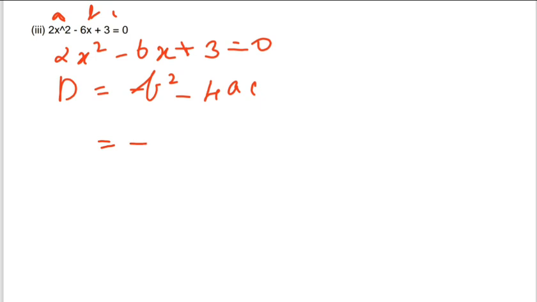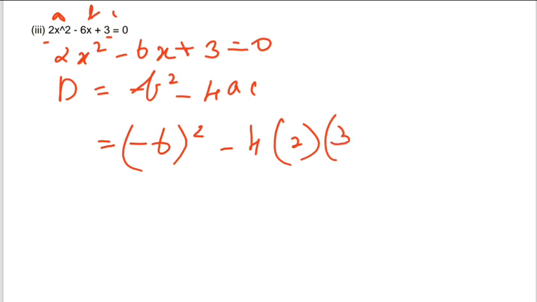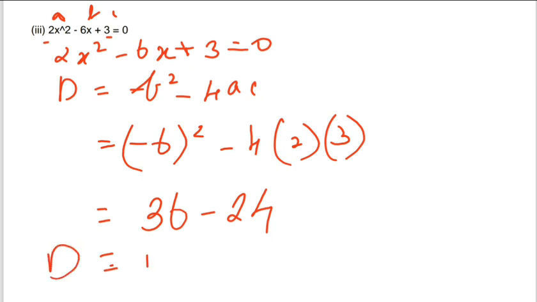So b square is minus 6 the whole square, minus 4 into a, which is 2, and c is 3. Minus 6 the whole square is 36, minus 4 2s are 8, 8 3s are 24. So our answer is d is equal to 12.